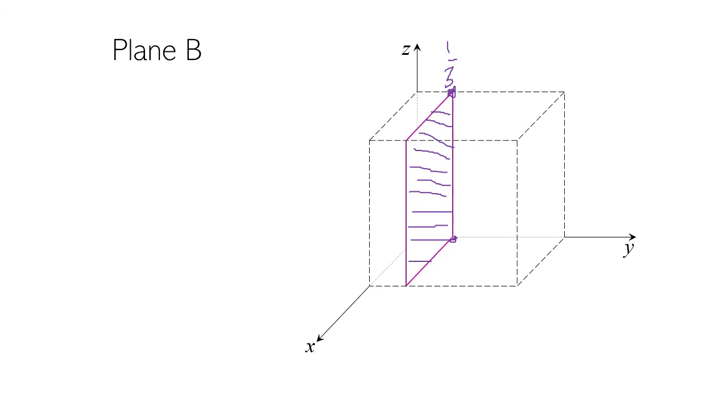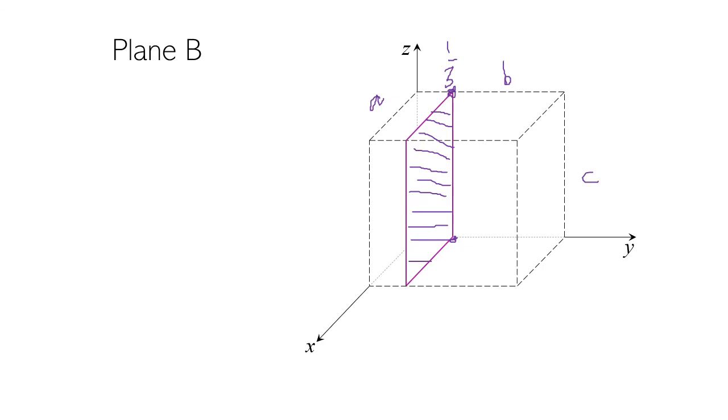So if A is the lattice parameter along x-axis, B along y-axis, and C along z-axis, then we can indicate the length of projections along x, y, and z-axis in terms of lattice parameters. So let us find out the projections.